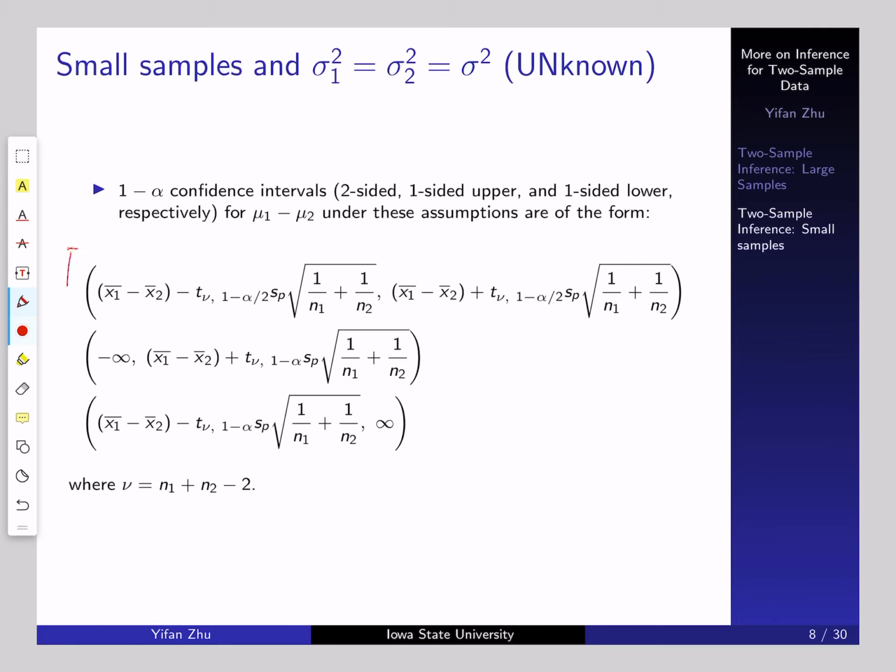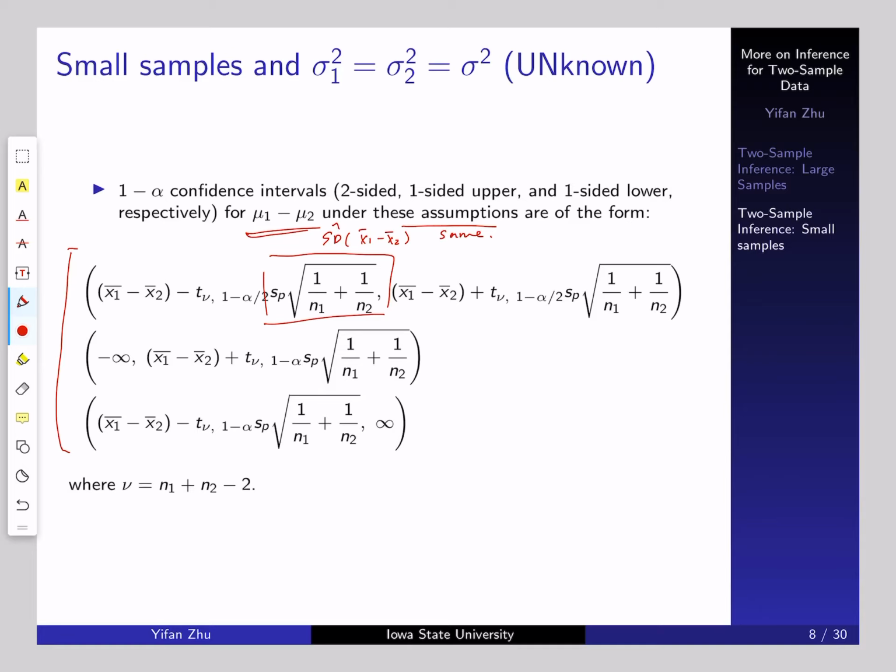And these are the confidence intervals for mu1 and mu2 under the same assumptions. So we used the pooled version. This is still the standard deviation of x1 bar minus x2 bar, but we added a hat here because it's not a true standard deviation.